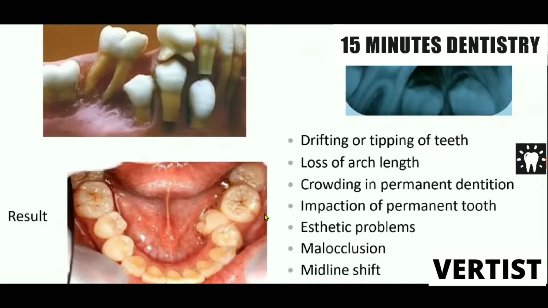This can lead to impaction of certain permanent teeth, and overall to malocclusion. If the first deciduous molar or canine has been lost, the incisors might also shift their places, and that can lead to a shift in the midline. All these problems are the result of premature loss of teeth where no further care has been taken.